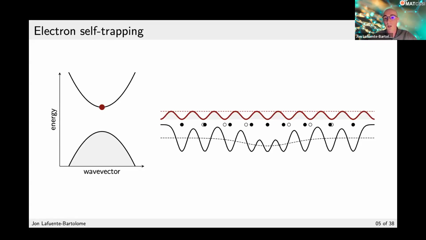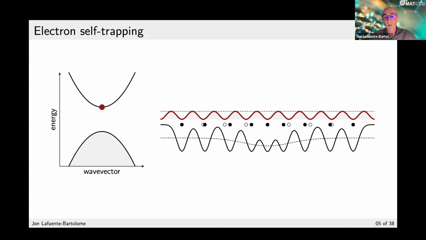Now imagine we slightly distort our lattice. We move some of the atoms a little bit. And what you will see in this case is that the potential that the lattice is generating will also get a little bit distorted, as is shown here with the dashed lines. If the electron-phonon interaction is weak, this change in potential will be small.